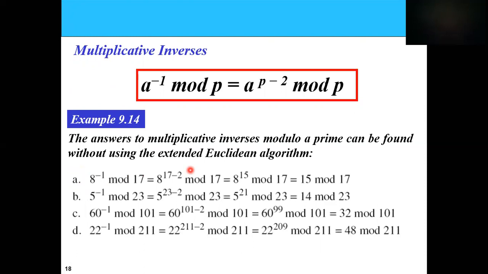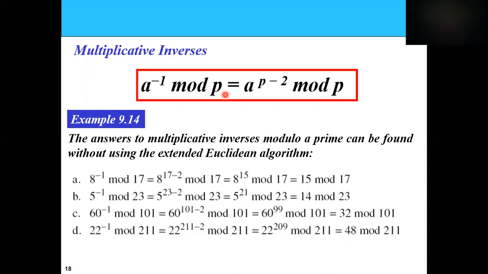One very good application of Fermat's little theorem is to find the inverse mod p. In last classes we used the Euclidean algorithm or the extended Euclidean algorithm to find multiplicative inverses.